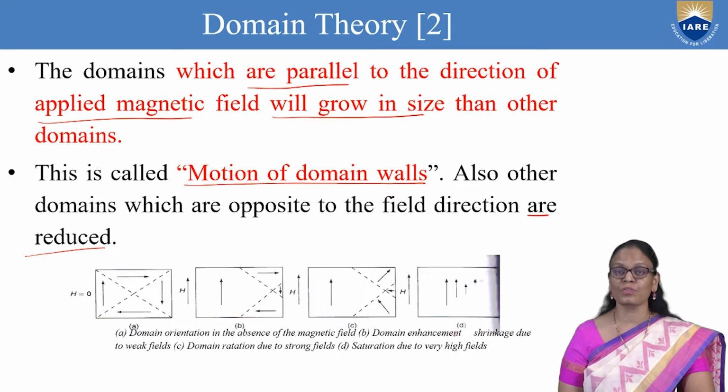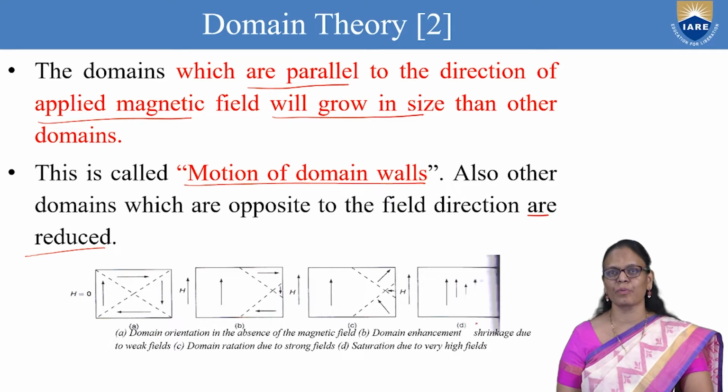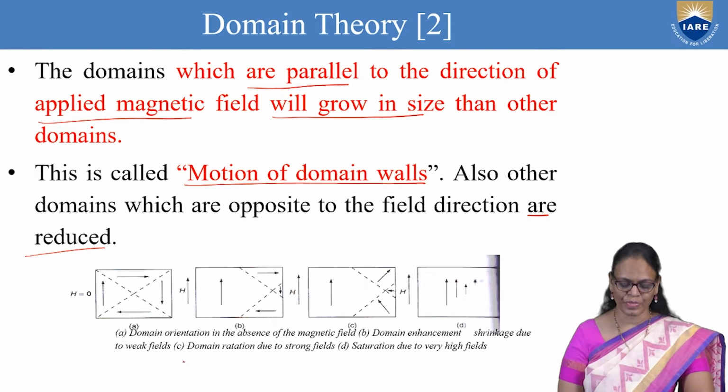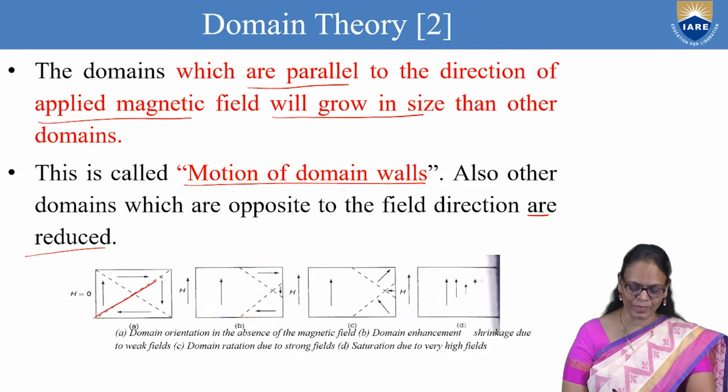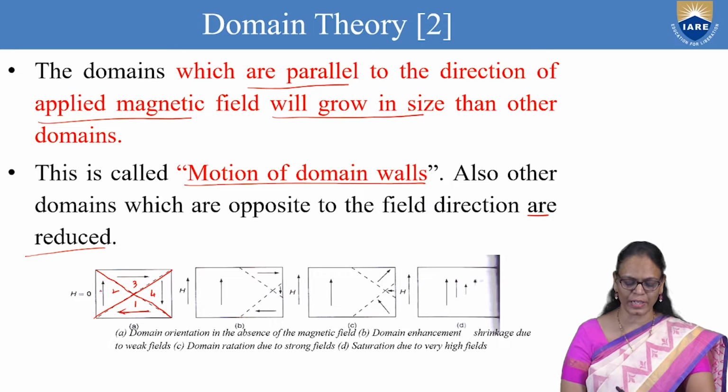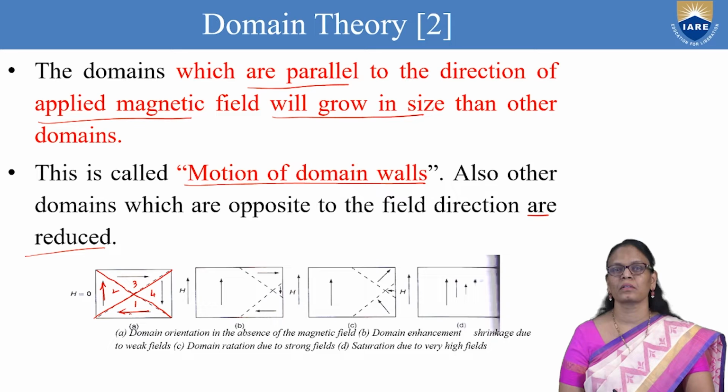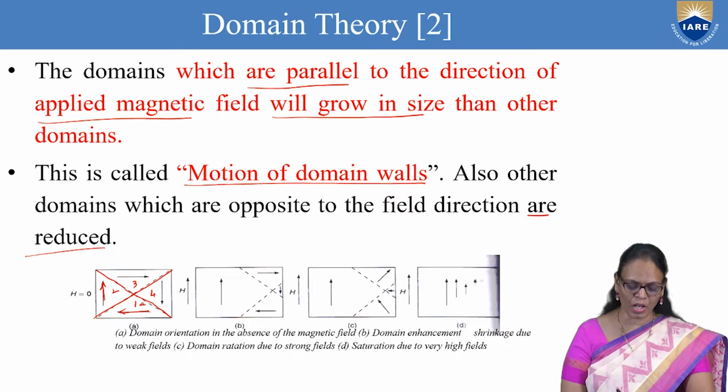I will try to explain this concept very clearly with the help of this figure. In the first one, these are the domains: 1, 2, 3, 4. If you see the magnetic moments, as a whole this domain has a magnetic moment in this direction, because all the dipoles here are oriented in the same direction.